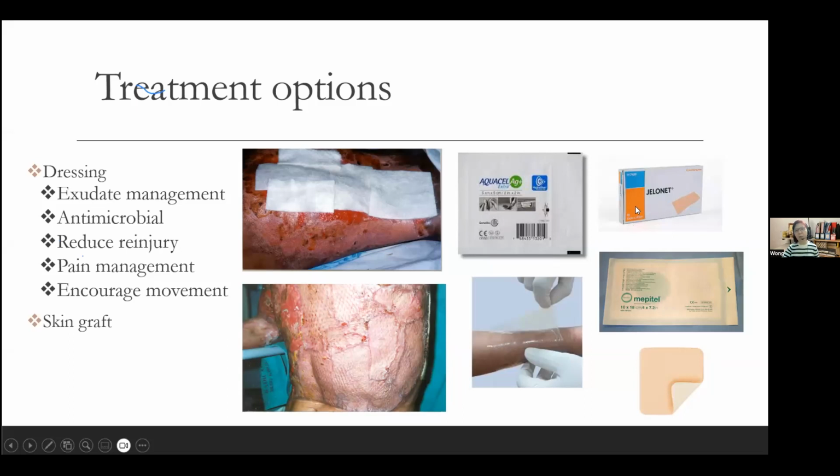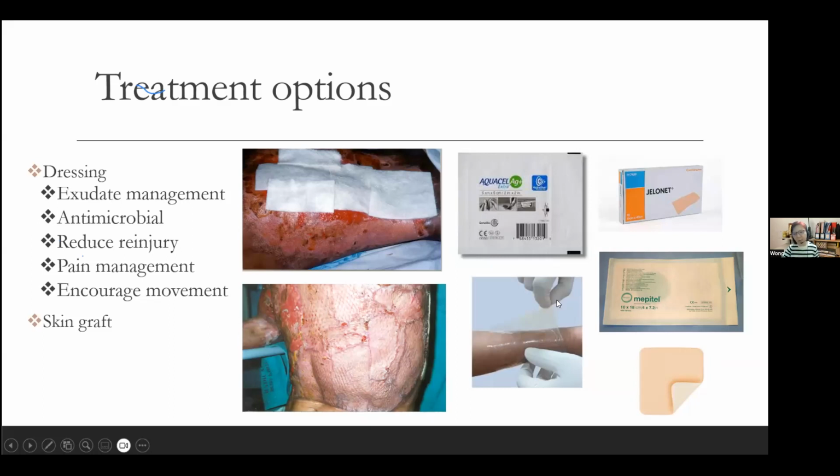Gelonet usually doesn't absorb, and you need to remove it when doing the dressing, like daily or every 3 days, but removing it actually causes some re-injury to the epithelialized tissue at times. So it is not very good to use, but there are still some cases of very superficial wound where I think Gelonet has a place.